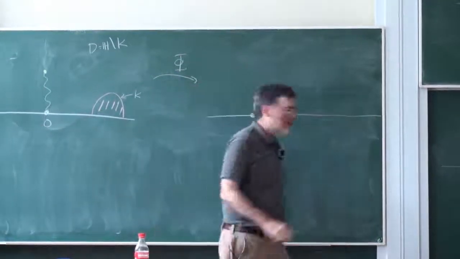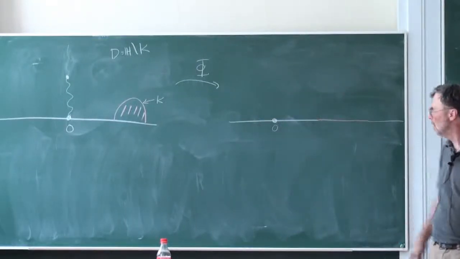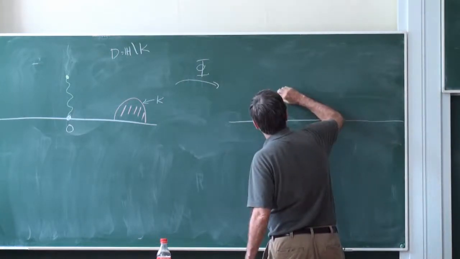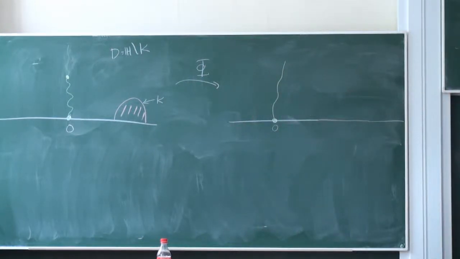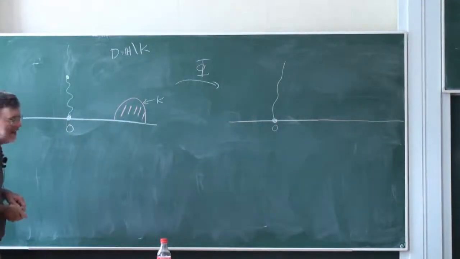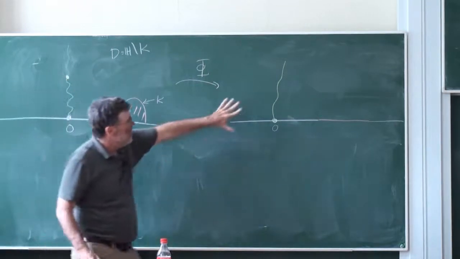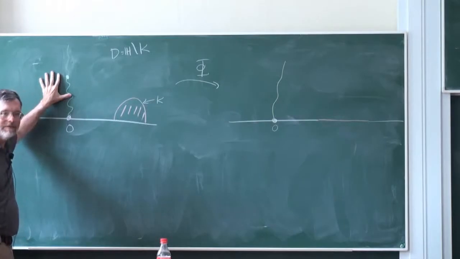Turns out it doesn't make much difference. Well, I'll also send 0 to 0. Doesn't make much difference. So one way to get the measure on SLE in the smaller domain is to take SLE in this domain and map it, in this case, by phi inverse.